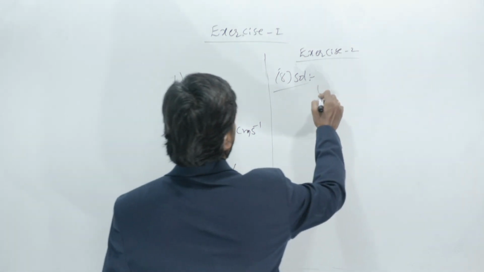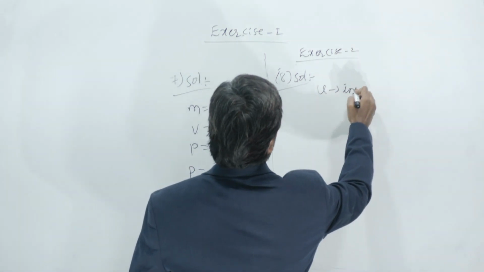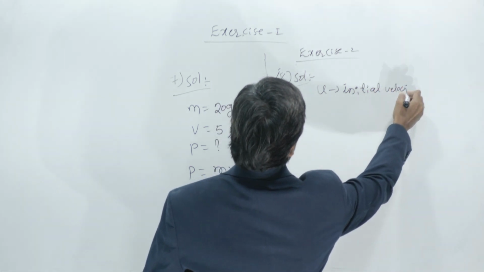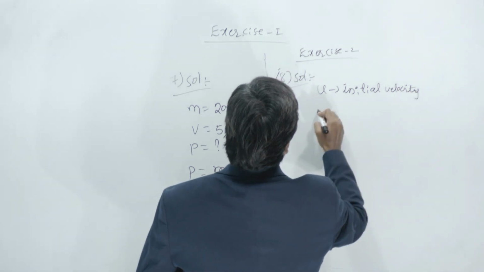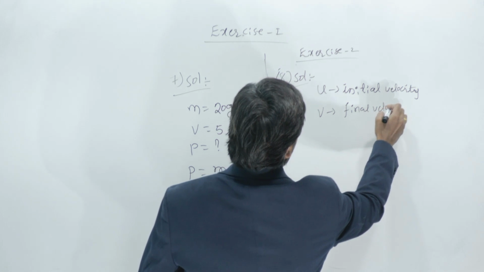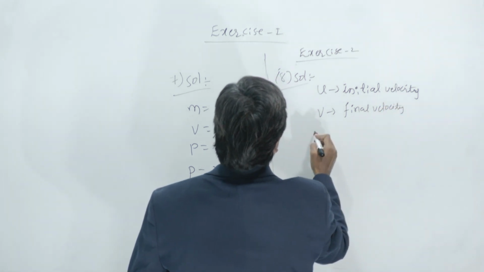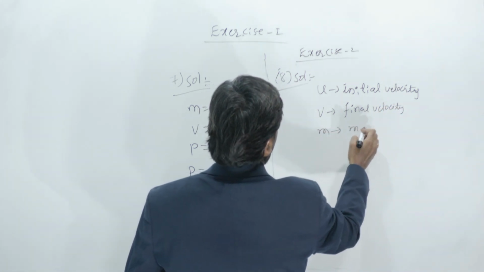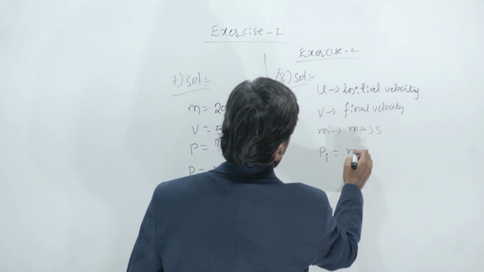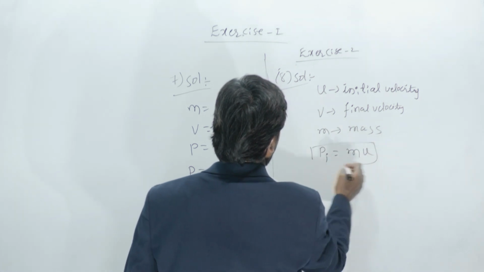So if u is the initial velocity, v is the final velocity, and m is the mass, then the initial momentum pi is equal to m into u.